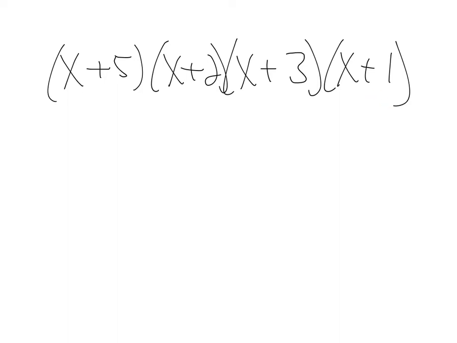And that's consistent with what Descartes' rule of signs showed us. So showing us they were going to be either 4 negative rational roots or 2 negative rational roots and 2 complex, or it could be 4 complex. In this case, we got the 4 rational. So I hope that helps you put this all together. Why we can use Descartes' rule of signs, and it's just one way to do it.